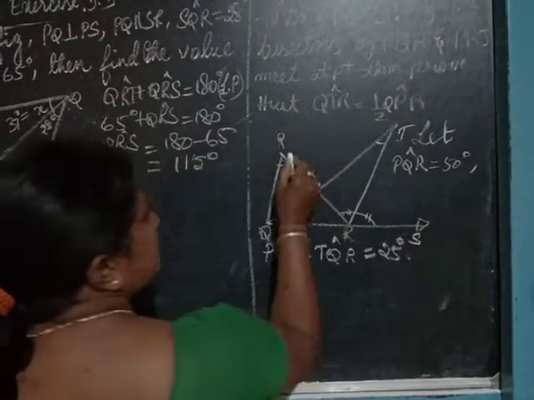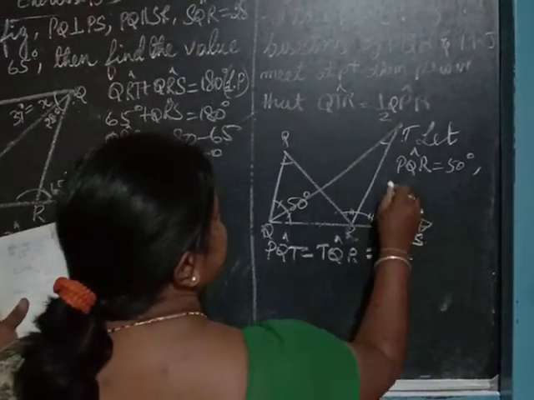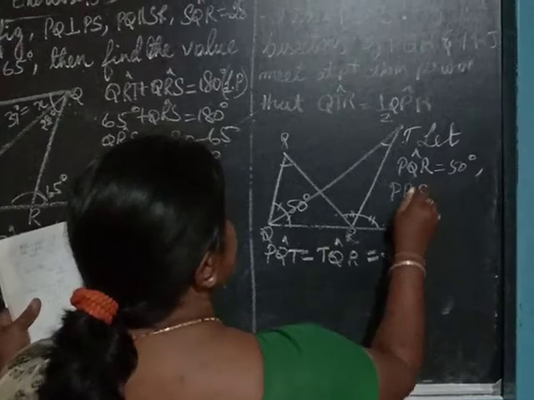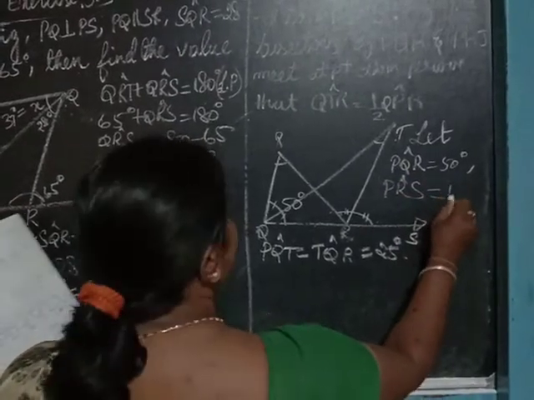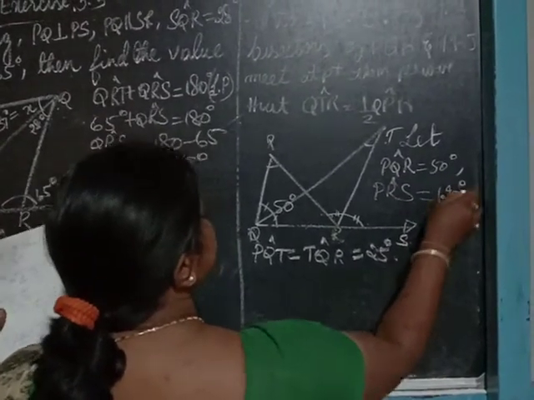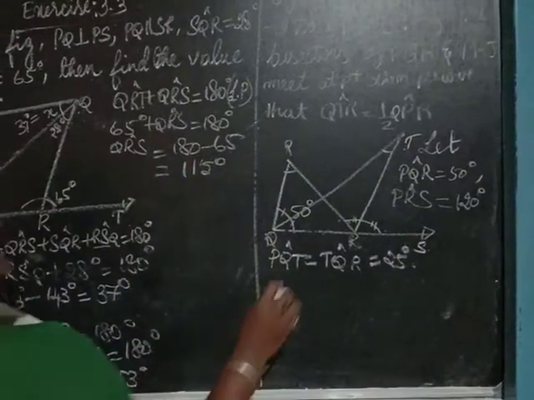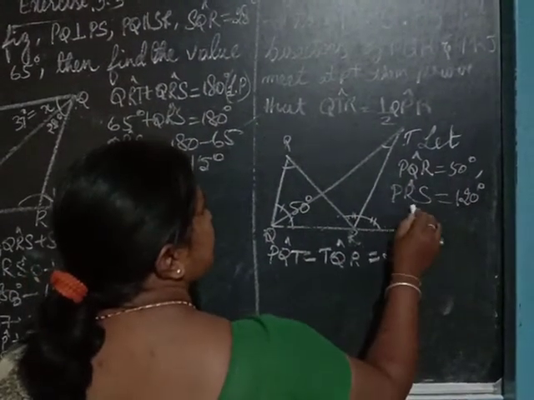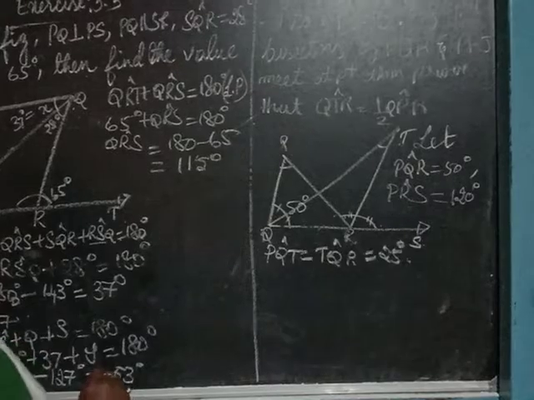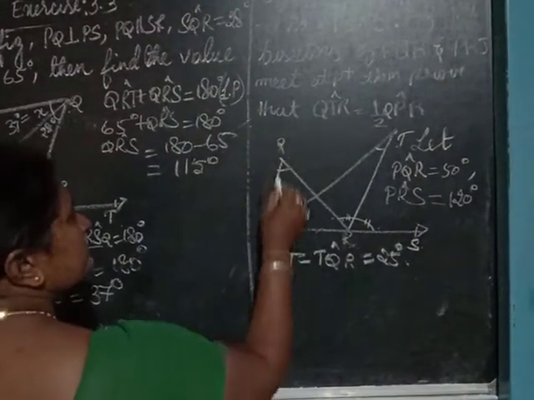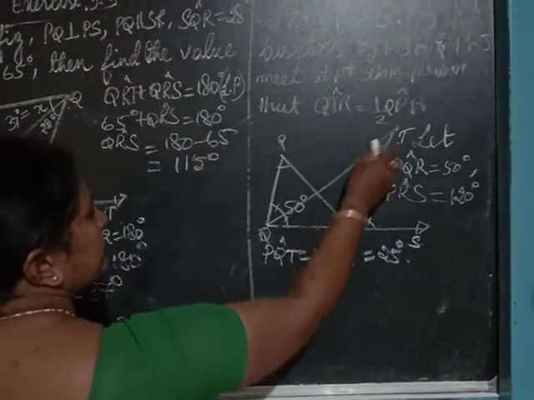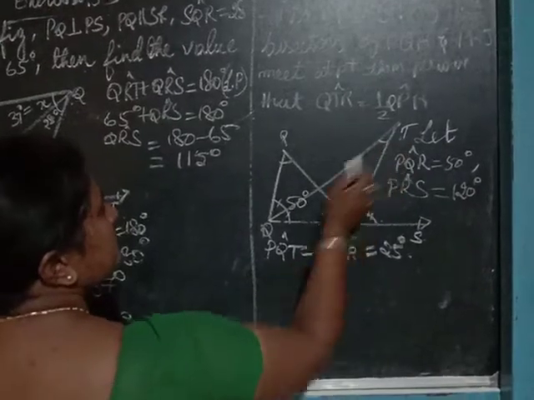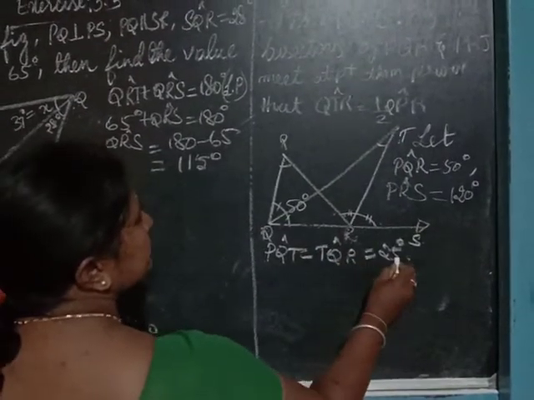And angle PRS is equal to 120 degrees. Okay, we are just assuming. Let PQR be 50 degrees and PRS be 120 degrees. Then PQT is equal to TQR is equal to 25 degrees.